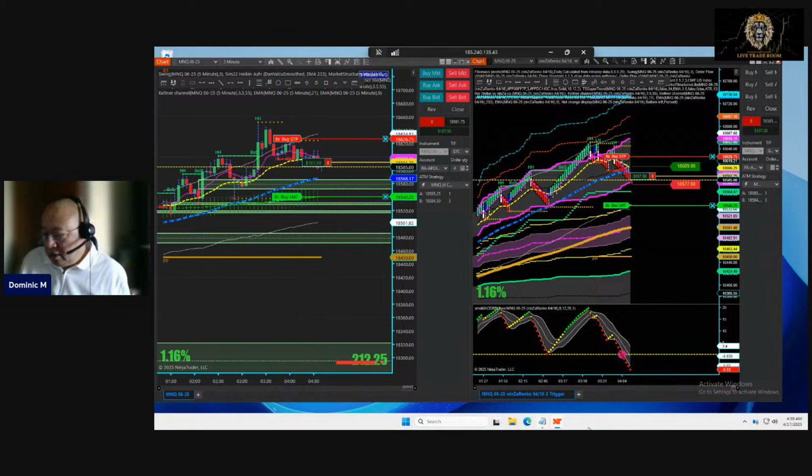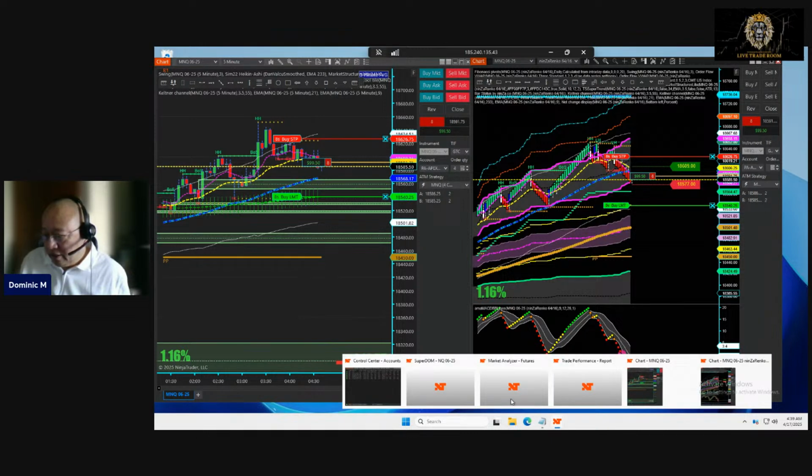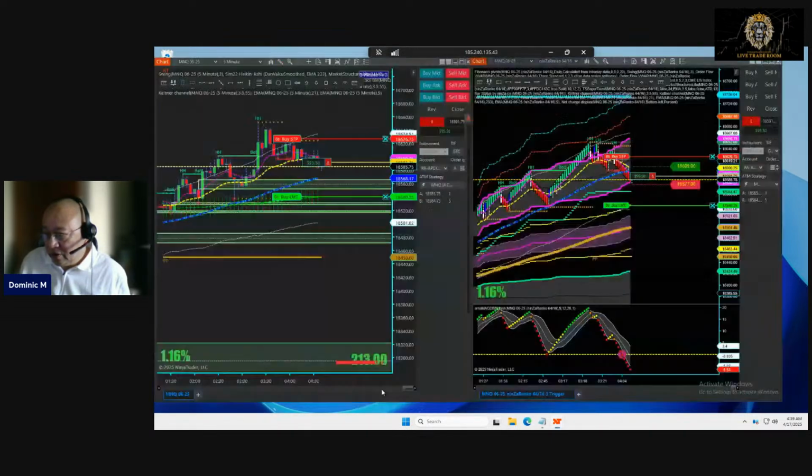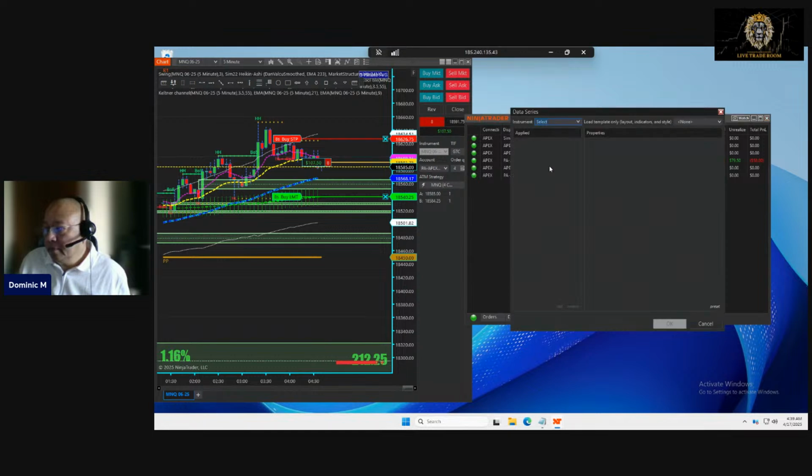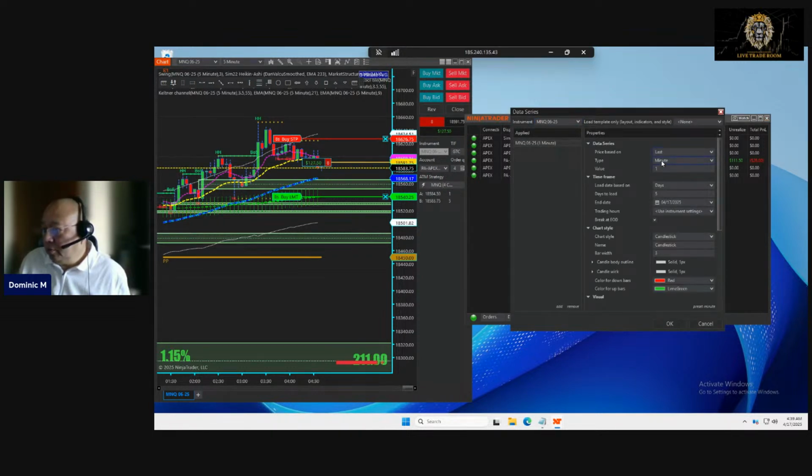Someone had said, "Wow, that chart is too messy." So here's the chart that I give my students to learn the system. Let me get a new chart. Say we're doing MES here, in Renko, which is right there.